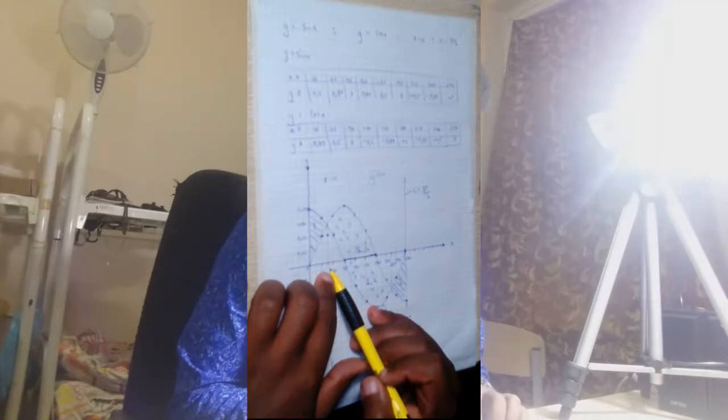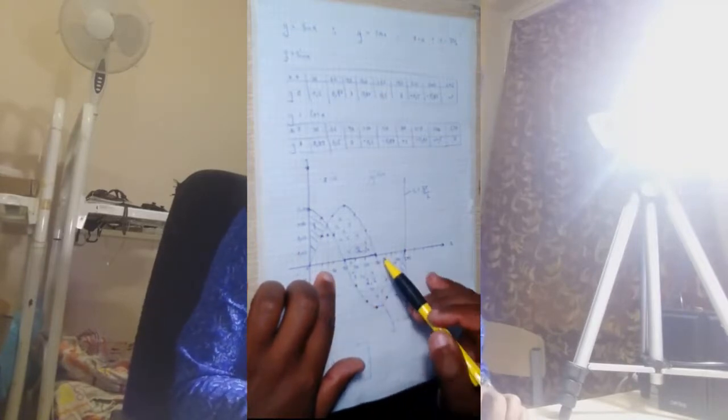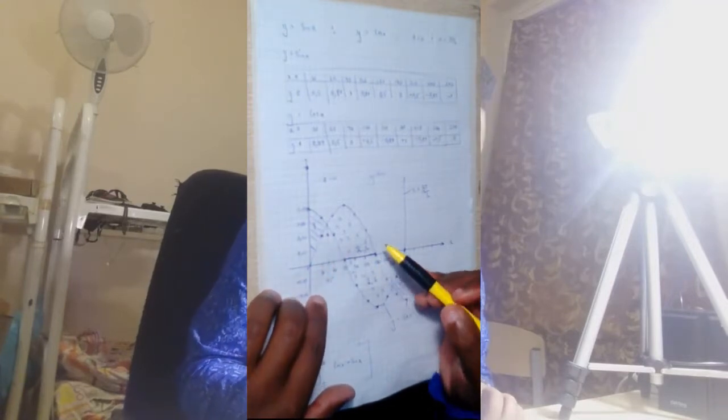This will give us a lower limit. Going further, it ends where x is equal to 180 degrees. Now the function which is above is sine x, and the function which is lower is cos x.